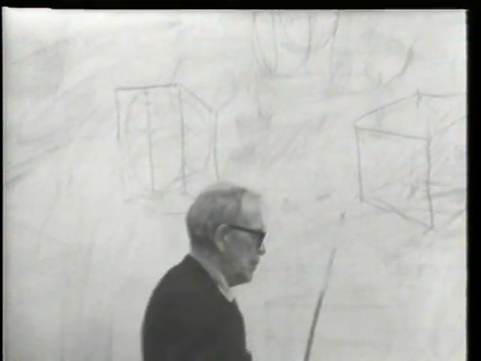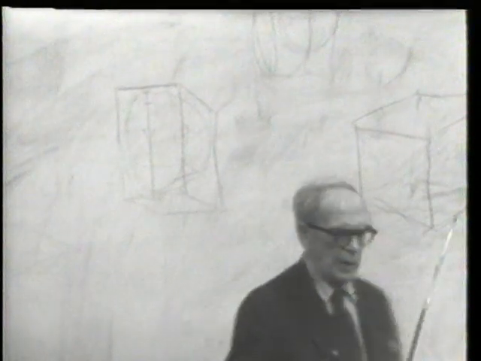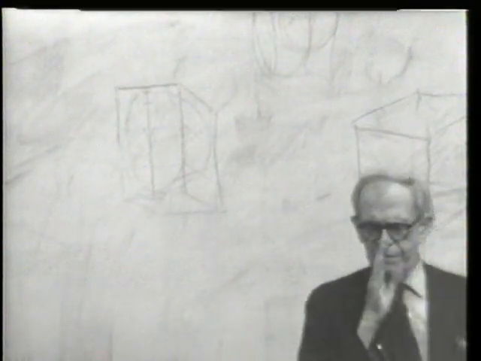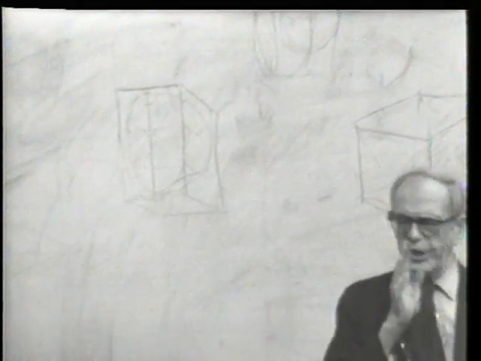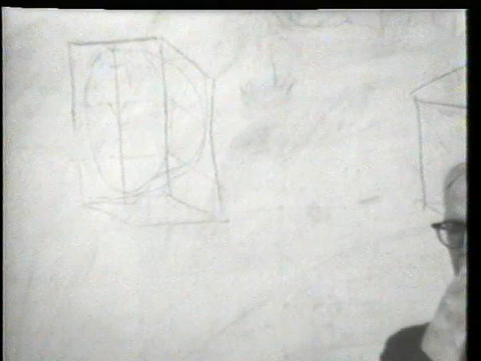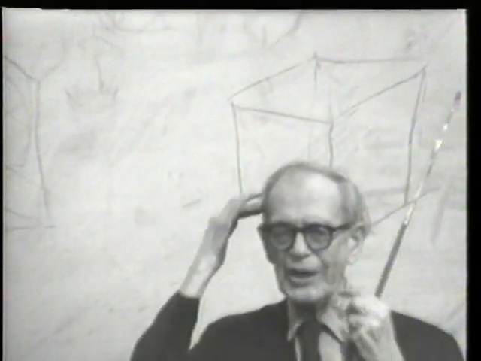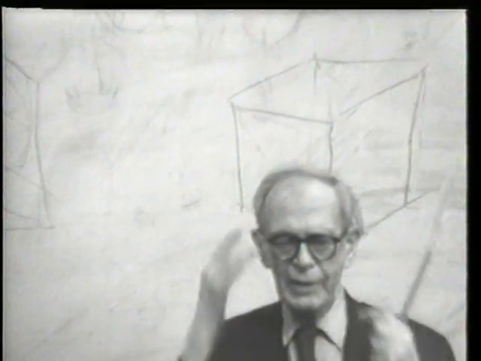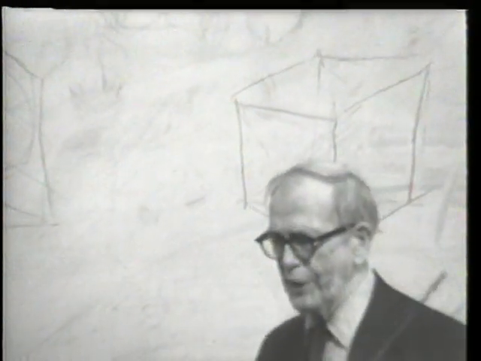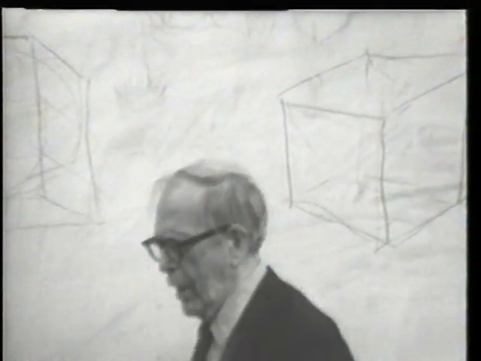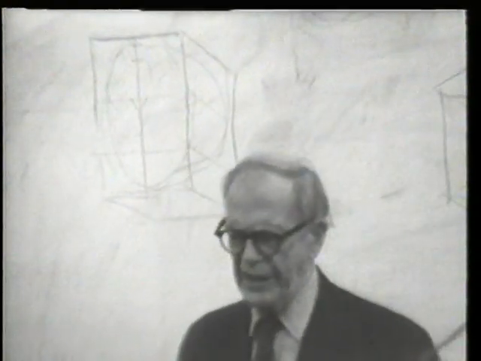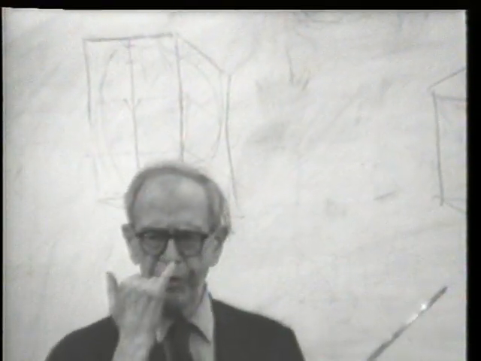Now, we come to quite a problem here. The features all have to look the same way as the head. And one of the beginner's favorite tricks is to throw a head this way and push the nose over that way, and put the mouth like this, one ear here and one there. But if you block, of course, you never do that anymore. What we want to get is the extreme point of the nose out here.